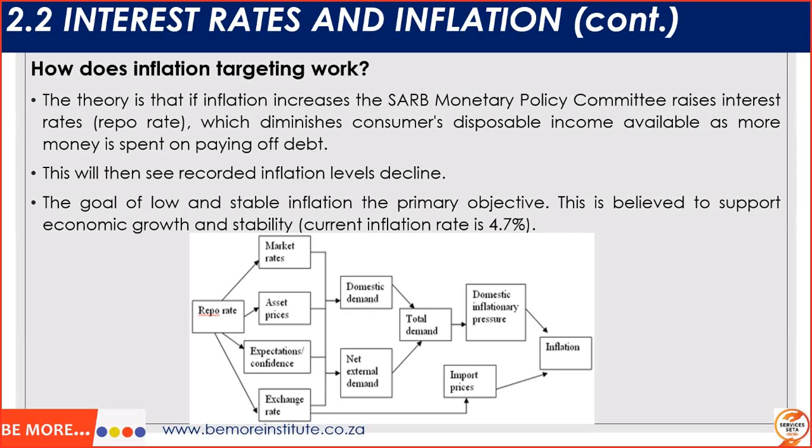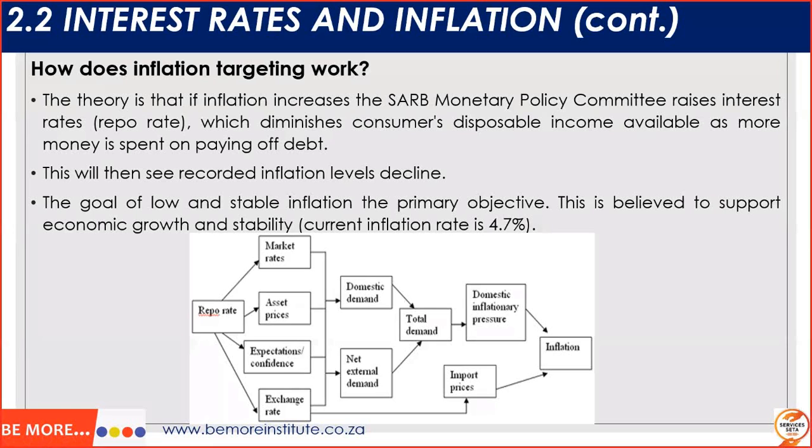What happens, if you look at the diagram below, is that the Monetary Policy Committee will see that the inflation, as measured by Stats SA in the form of the CPI, is beyond 6%. So they will increase the interest rates.